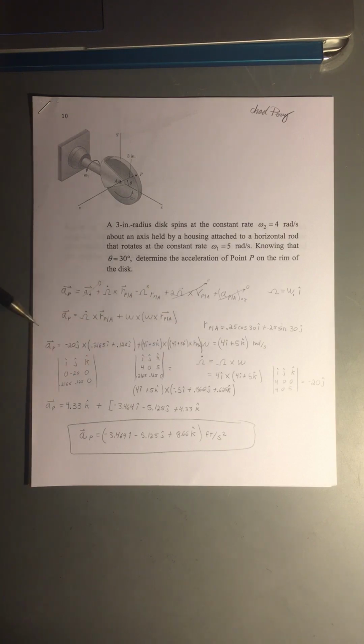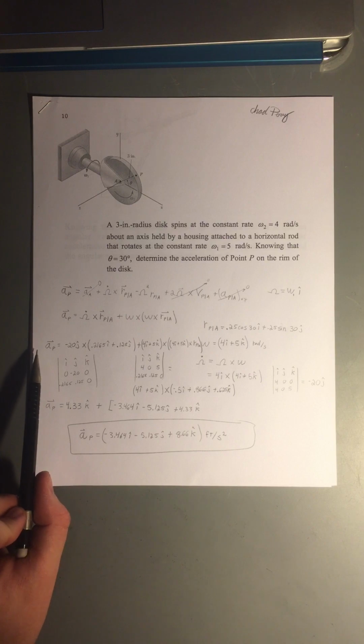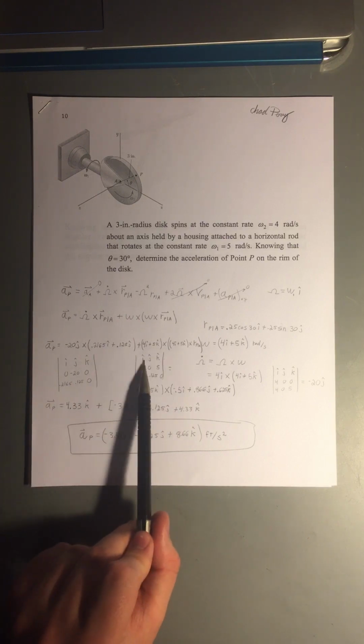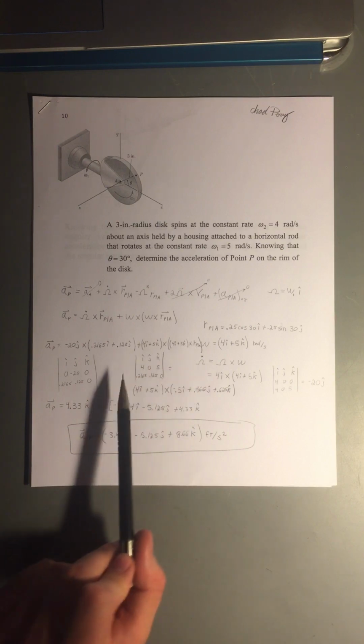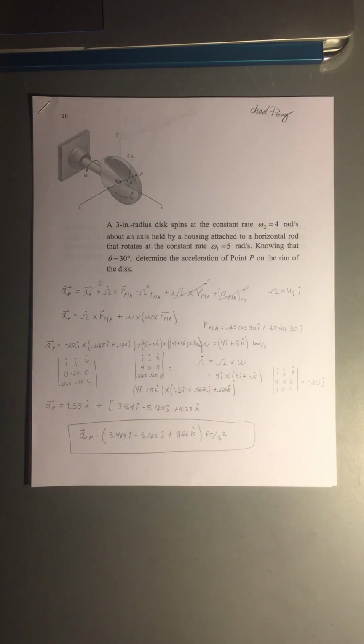Once I found all of those, we now have all of these terms that we need, and we can just plug them in and compute all of these cross products. So on this line here, I just plugged in all of those terms that we found, and then this is the cross product for this first term. I did the cross product inside the parentheses, and then crossed that with this term here.